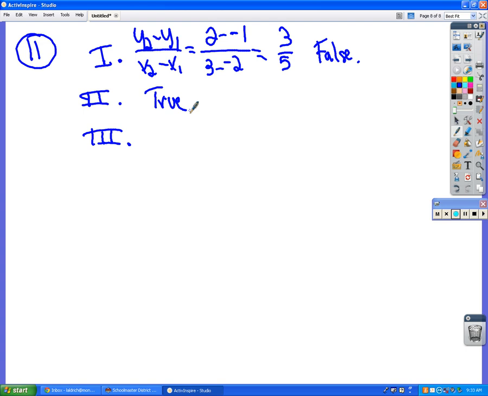If you look at the piece from -1 to 0, that's below the x-axis, so that's going to be negative. I feel like this is false, but they're saying true. Left sum approximation. This is going to be a little tricky without actually seeing the graph.